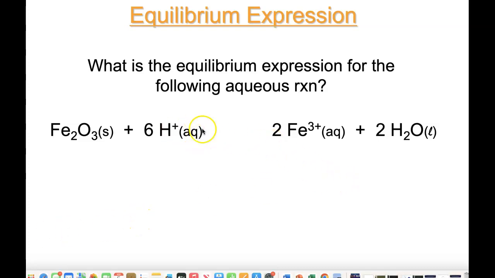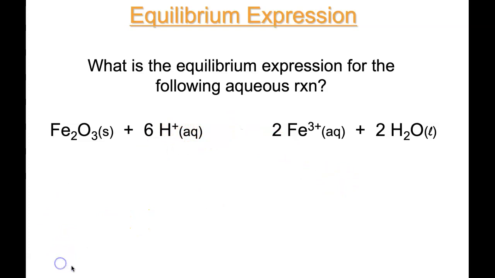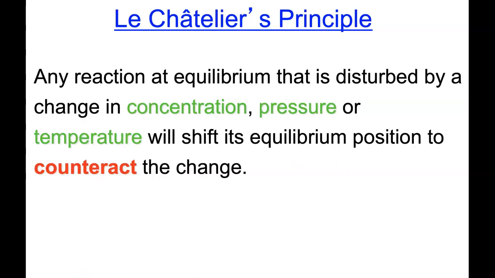Hopefully you only included the aqueous chemicals in there. Solids and liquids are not included. And hopefully you used those coefficients to square and multiply that by 6. All right. And don't worry, I've got another one coming up for you, and I will send you a bunch of equilibrium practice.